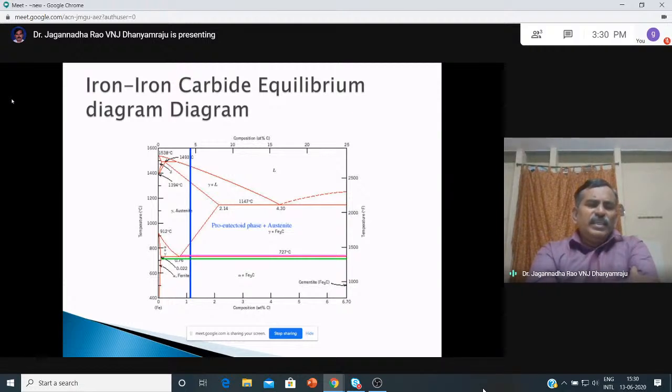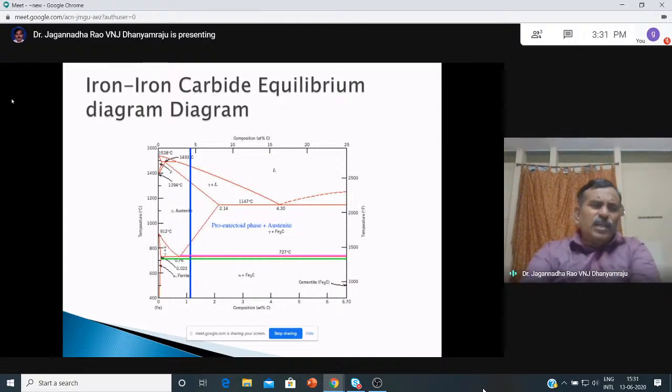And on the other extreme, the cementite is there at 6.67% of carbon on the right hand side. So that means as the composition of carbon increases, at lower composition levels, you will get ferrite.